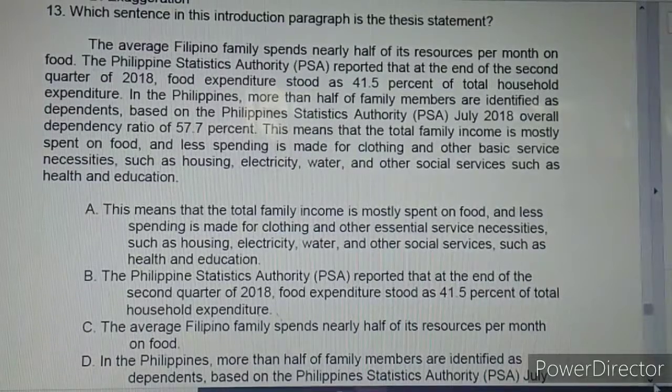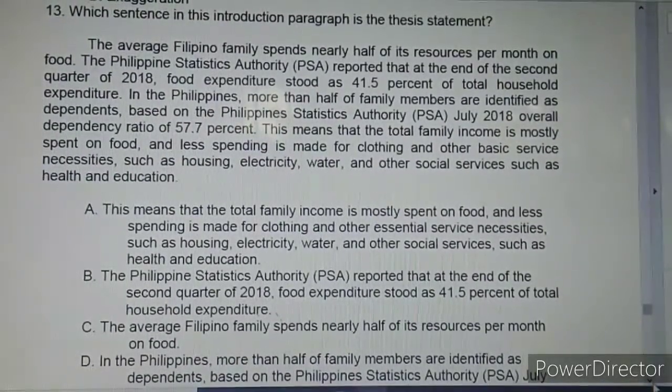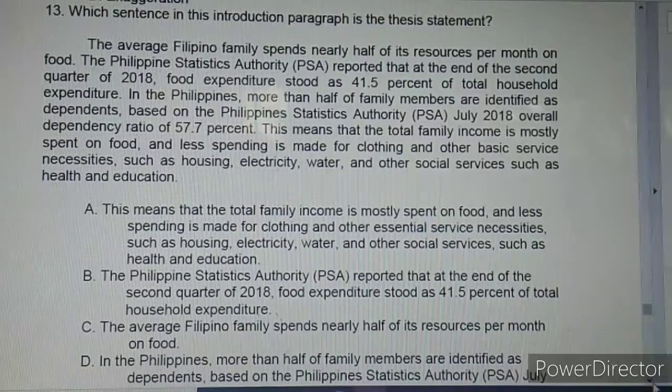In the Philippines, more than half of family members are identified as dependents, based on the PSA in July 2018, with an overall dependency ratio of 57.7%. This means that the total family income is mostly spent on food, and less spending is made for clothing and other basic service necessities, such as housing, electricity, water, and other social services such as health and education.